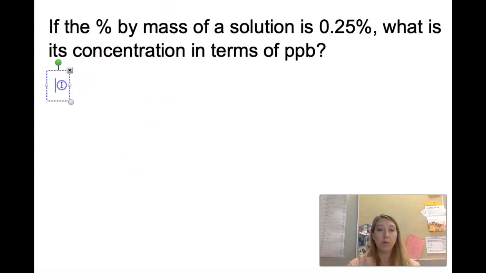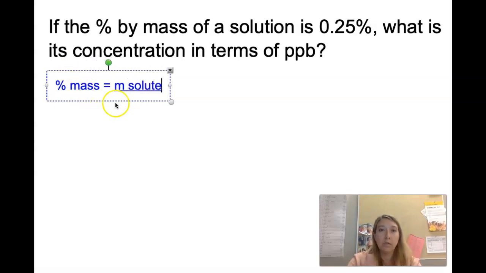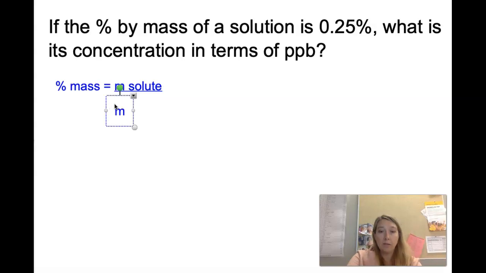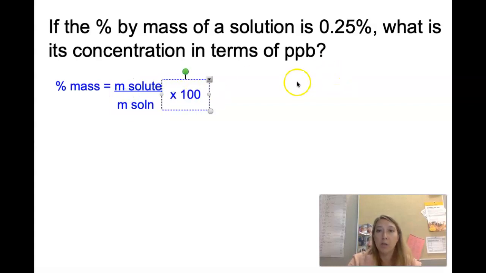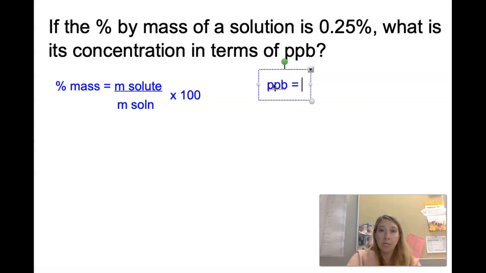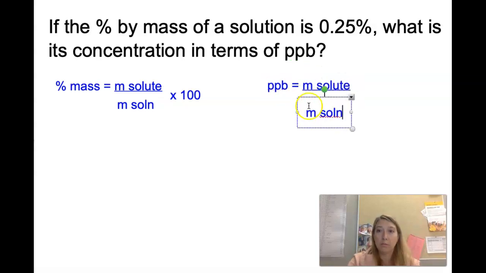So if we think about those equations, we have that the percent by mass is equal to the mass of the solute divided by the mass of the solution, and then that was times 100. Then we had our second equation for parts per billion, which was that PPB is equal to mass of solute over mass of solution times 10 to the 9.